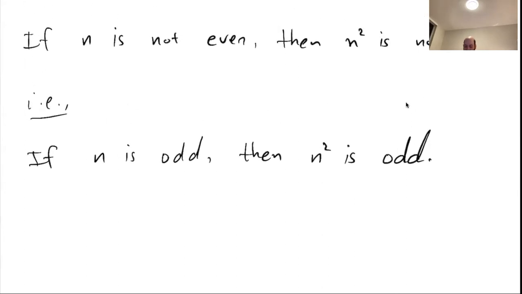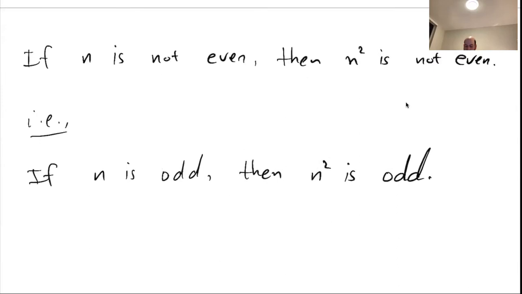Right? Not even means odd, right? So when we say we want to show if n is not even, then n squared is not even, it means we want to show if n is odd, then n squared is odd. Well, this is exactly the statement that we already proved before, right?